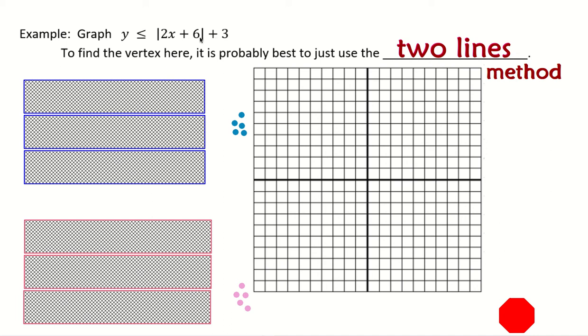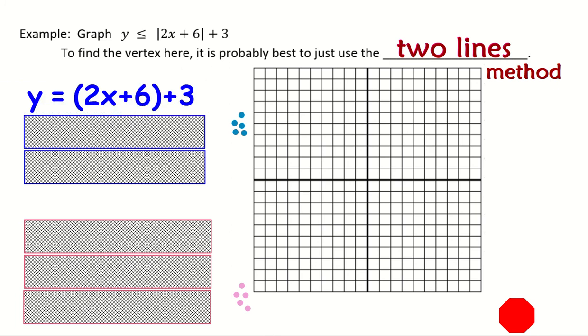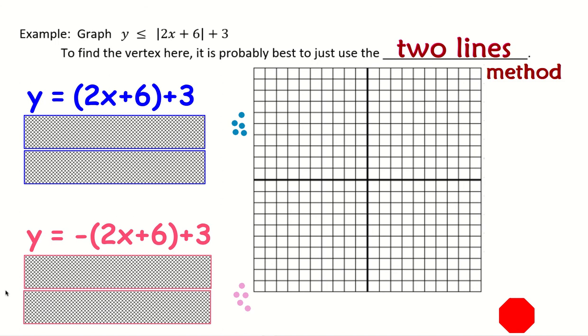We take the absolute value, and we're going to make two cases, because absolute value works very nicely with having two cases, okay? The positive case and the negative case. So literally, that's what we're going to do. We're going to write two equations.